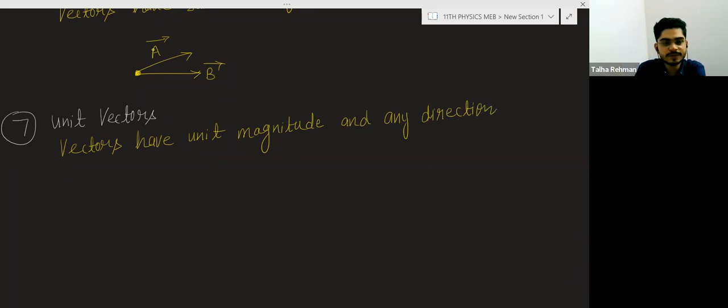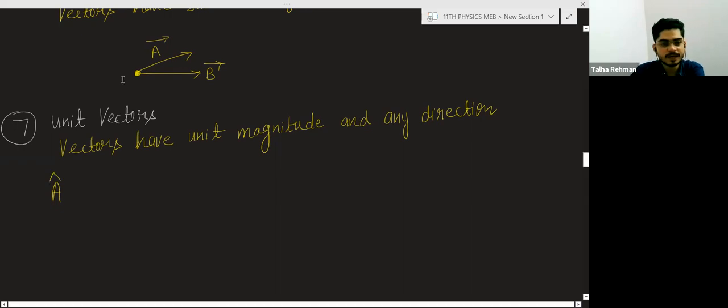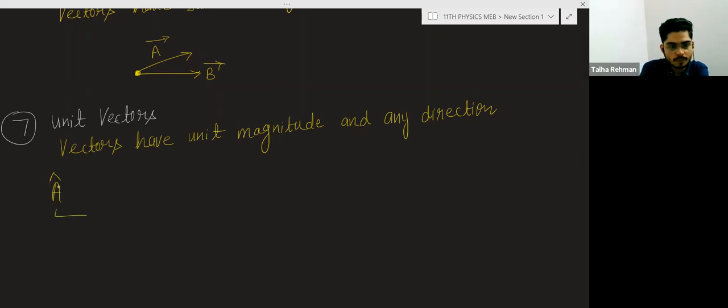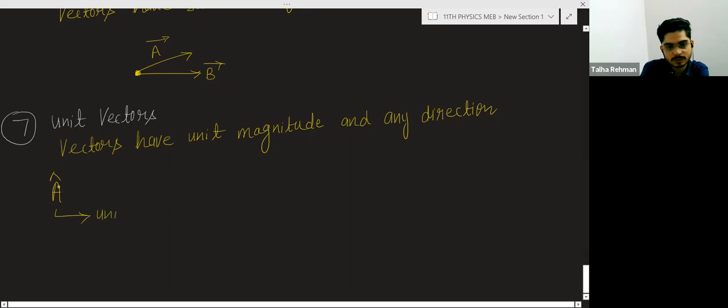Suppose I am saying unit vector of A. These unit vectors are represented by a cap on A. This is the unit vector of A, and the magnitude of these vectors is equal to 1.